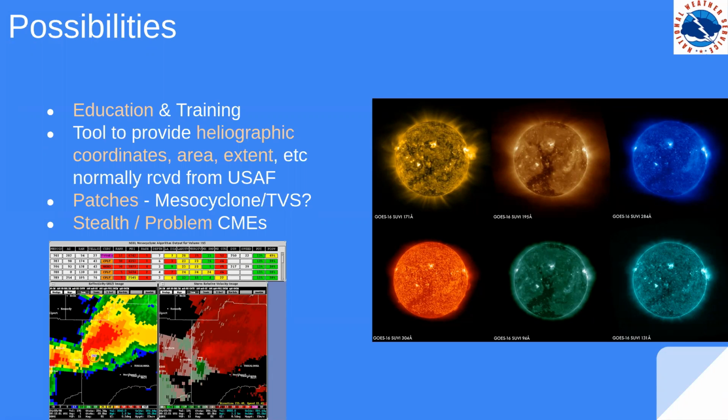When I first started really looking at this stuff, the patches, to me, I had a hope for something akin to a tornadic vortex signature or a mesocyclone alert that would say, hey, this region is particularly primed for a significant flare, or for us, particularly importantly, an eruption.